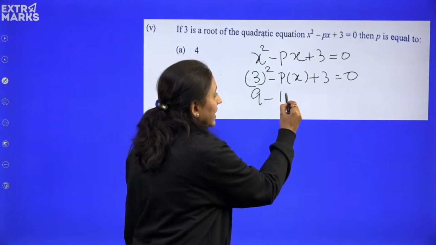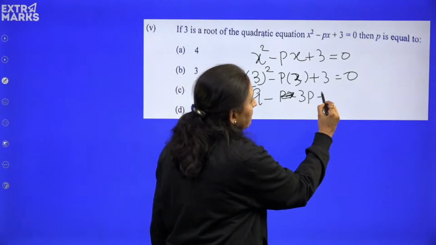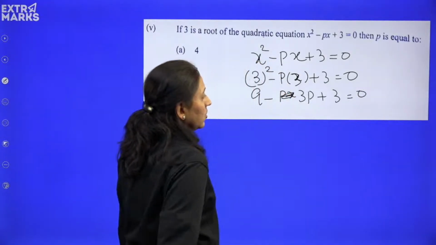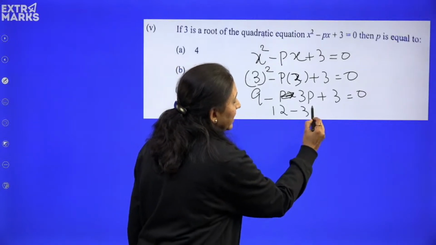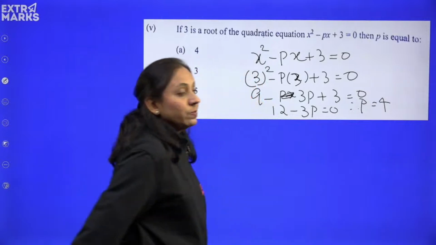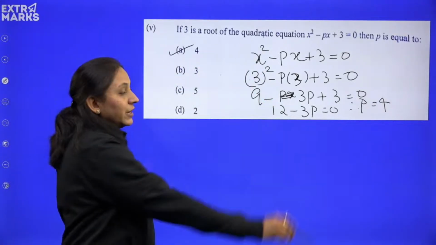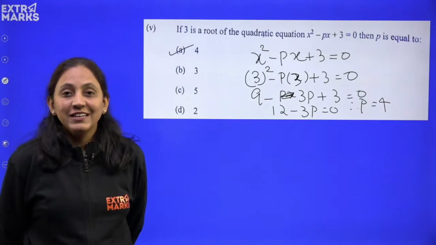So 9 minus p into 3, 9 minus 3p plus 3 is equal to 0. That is 12 minus 3p is equal to 0. Therefore, p will be equal to 12 upon 3, which is equal to 4. So the correct option is option A.